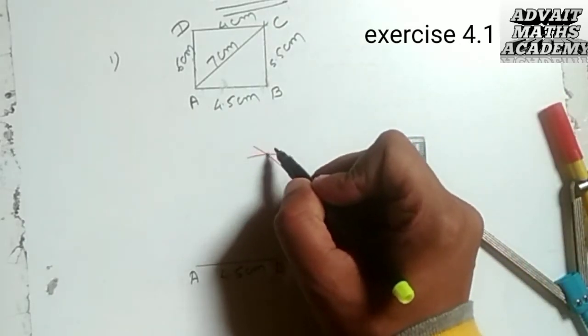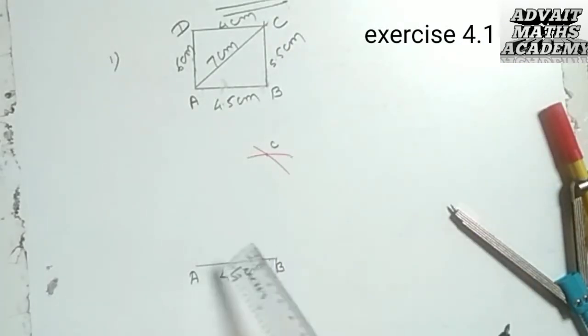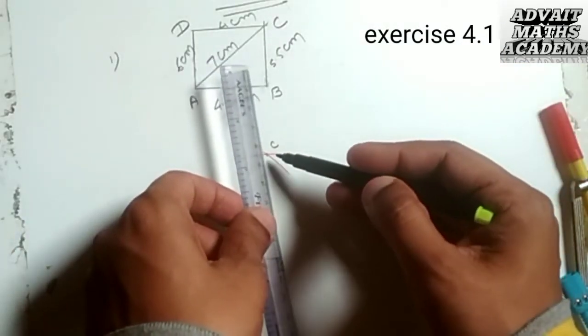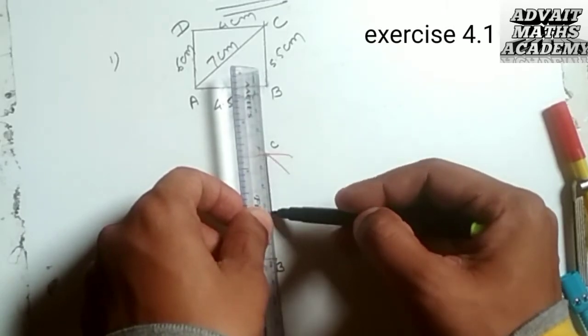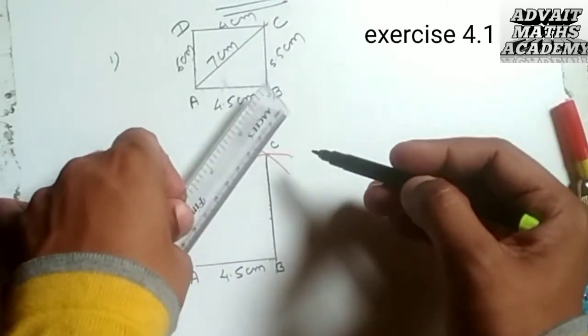This intersection point is C. With the help of ruler, join this BC and AC.